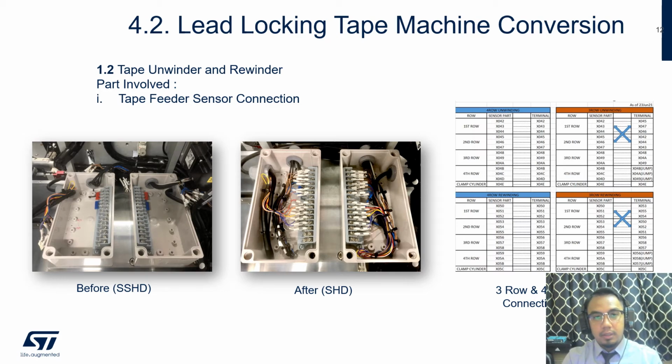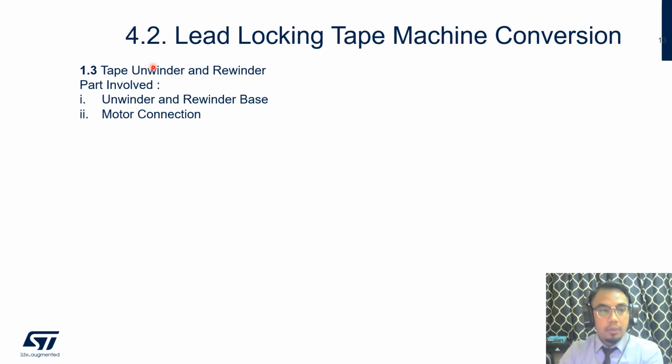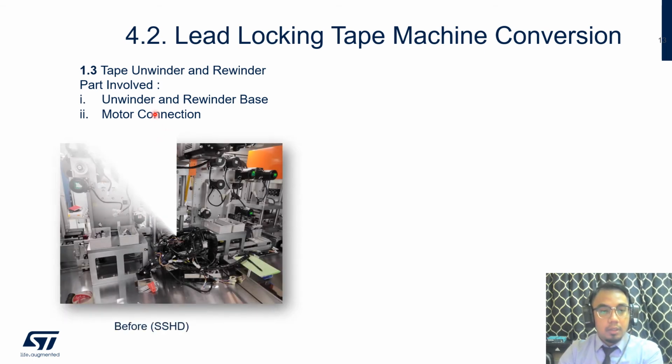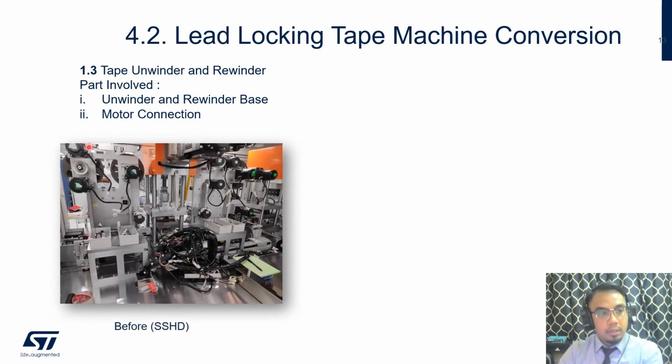So we will go to the next slide, for the next part involved, which is the unwinder and rewinder base, and also the motor connection. For your information, for the unwinder and rewinder base conversion, we will need two or three people to lift this unwinder and rewinder base, because it is heavy material.